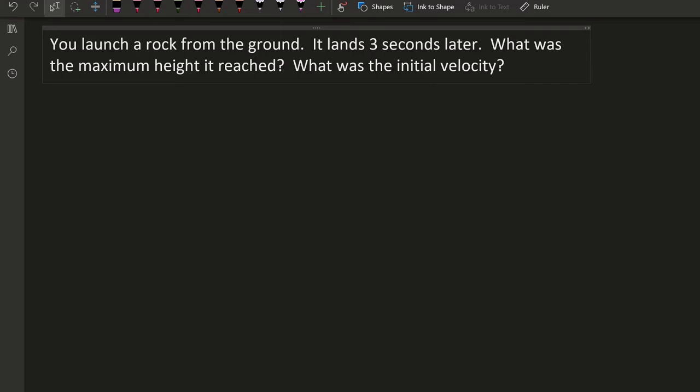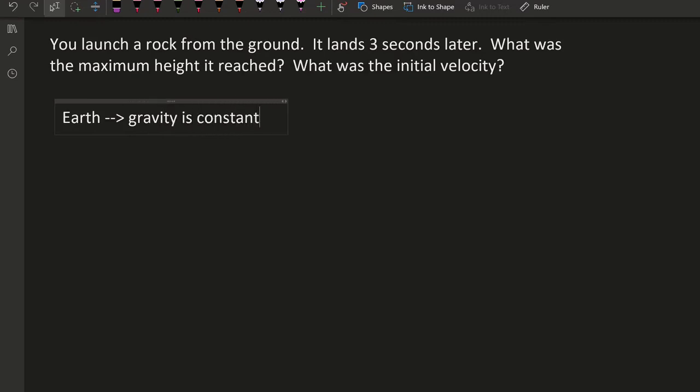Now, it seems like we might not have enough information to solve this, but one of the key pieces of information that we said at the beginning was that this takes place on the planet Earth. So, since we're on Earth, that means gravity is constant. So that means whatever parabola I get, the a value is going to equal -16.